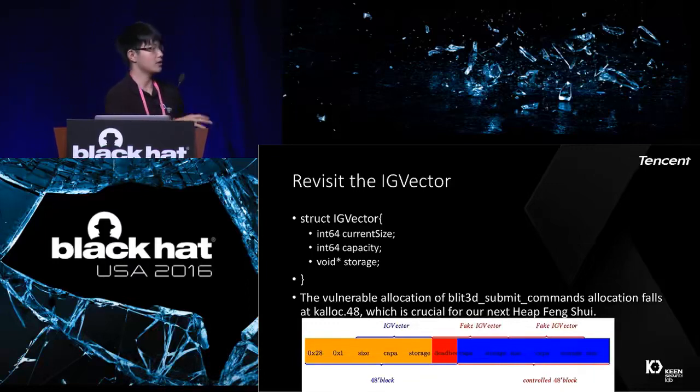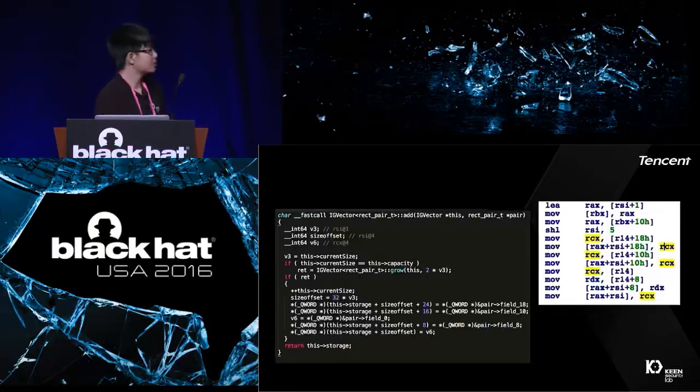But unfortunately, when the OOB occurs, it goes right behind this benign IGVector, and the dead beef and the blue regions are interpreted as another fake IGVector. And in the IGVector add function, we can see that we can utilize this function to achieve an arbitrary write anywhere, but the value is constrained, and we cannot write an arbitrary value.